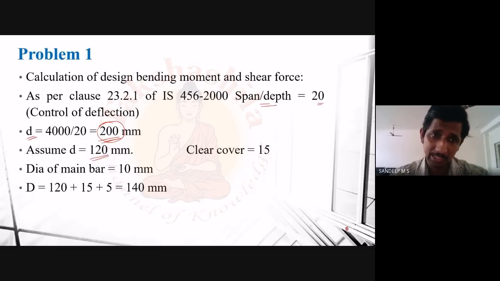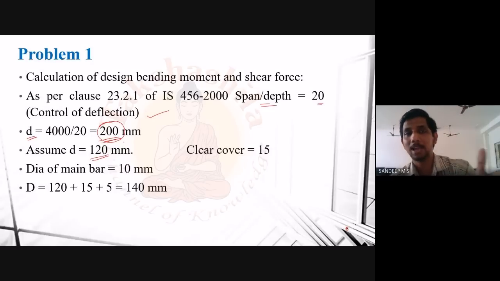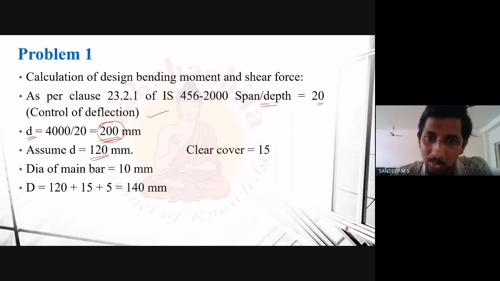In a later stage, I will prove that this depth is enough to satisfy the control of deflection. At the corresponding location, we will see how to do it. For the time being, understand that even though we are getting a higher value, we will be selecting a value like 12 centimeters or 14 centimeters. Here I have taken it as 12 centimeters.